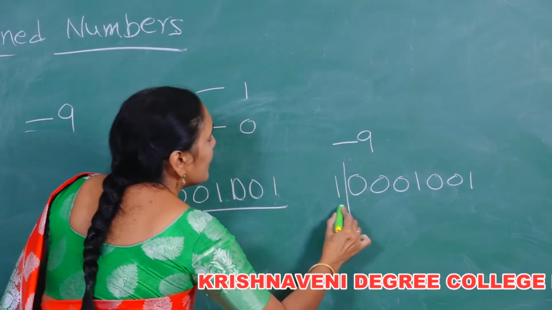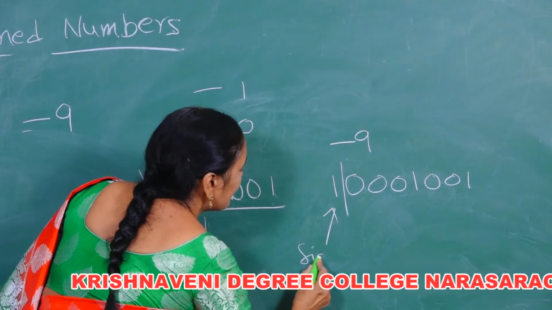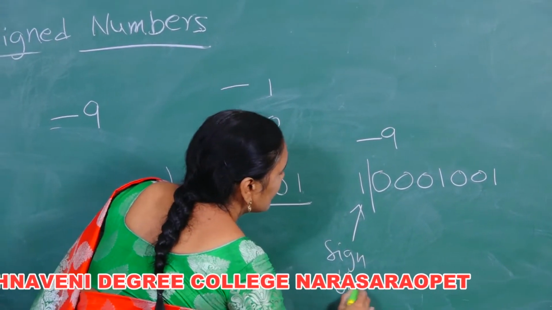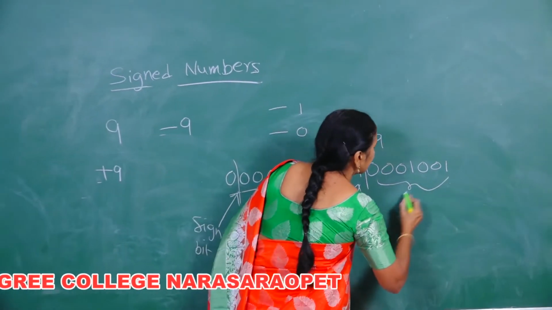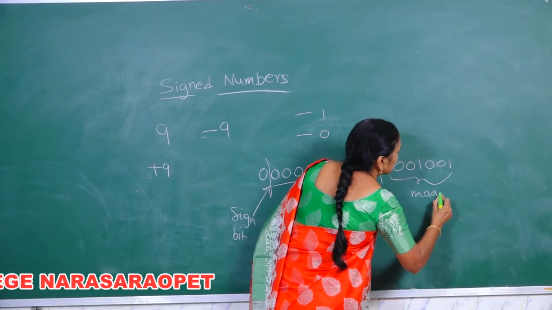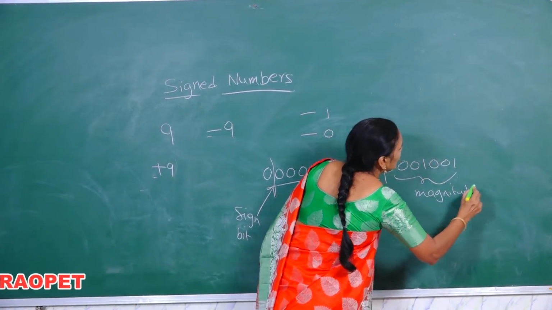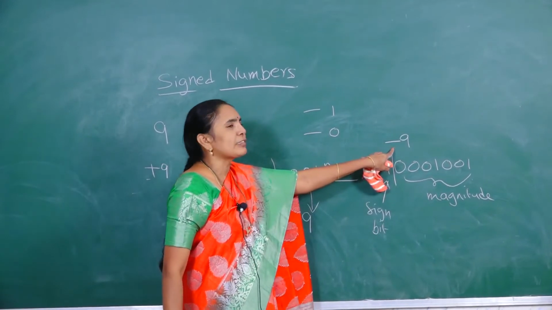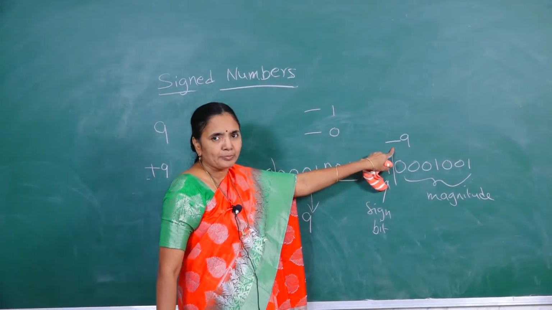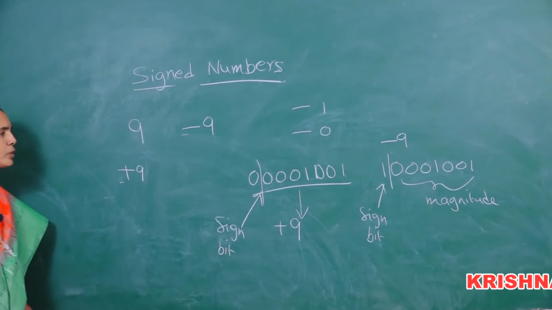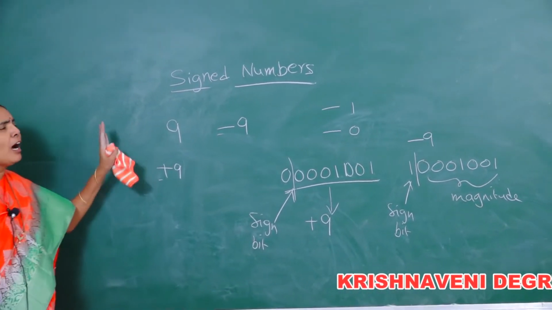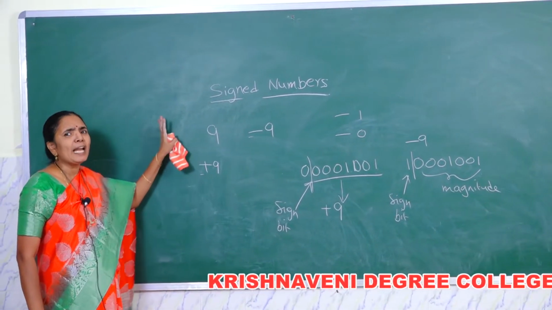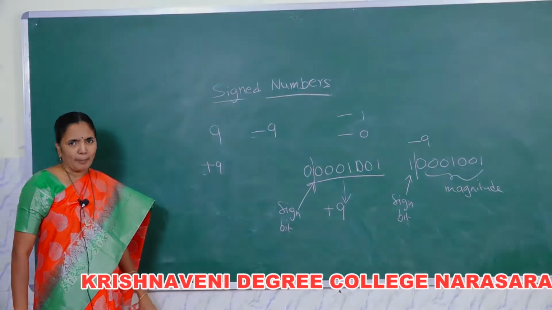So, here this is the sign bit, and the remaining bits represent the magnitude, whose equivalent is minus 9.